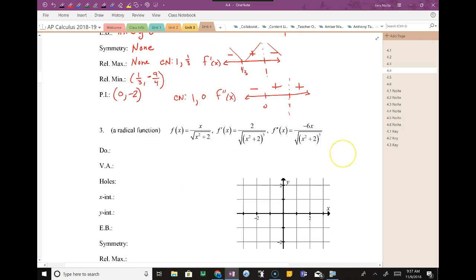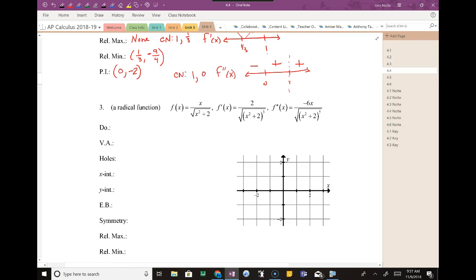All right, last one. Ooh, look at that domain restriction right off the bat, huh? So a domain restriction is going to come from 0 in the bottom or a square root. You can't take the square root of a negative number.